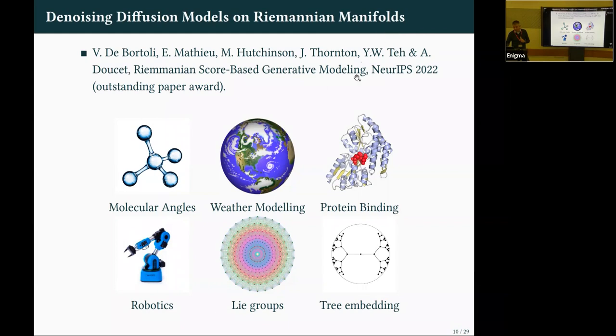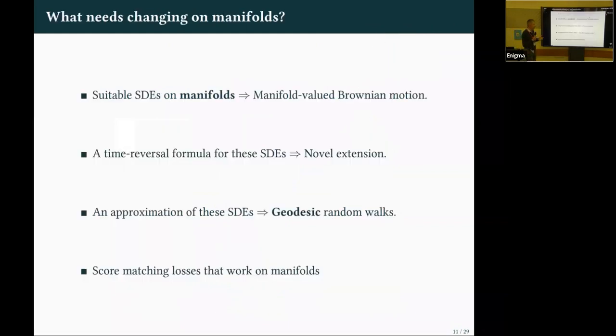If you want to work on a Riemannian manifold, how do you extend this? Before we had the Ornstein-Uhlenbeck process, now you look at the Brownian motion on the manifold. Then you need to establish the time reversal on the manifold, and it turns out it's feasible. Then you need to approximate the SDE, so we use the framework of geodesic random walk.